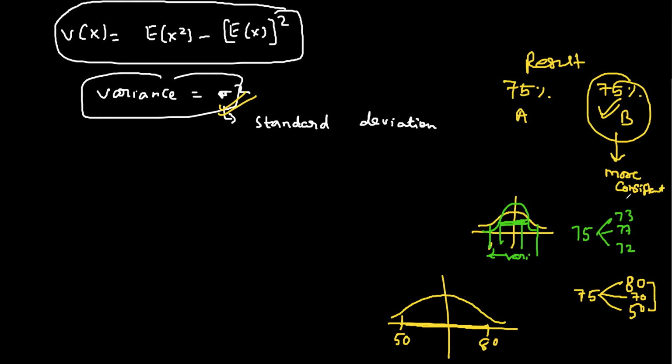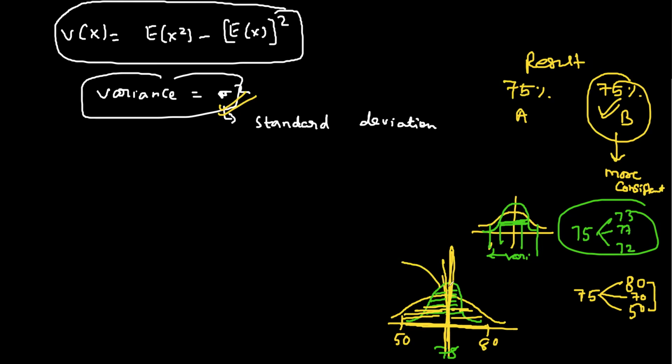But when you see the result of this, you can see this is very close. The middle line is 75, right? When you see the green curve, you can see it is very close to 75. And when you see the yellow curve, you can see it is not as close to 75. But both curves have 75 average value. So who is more consistent?